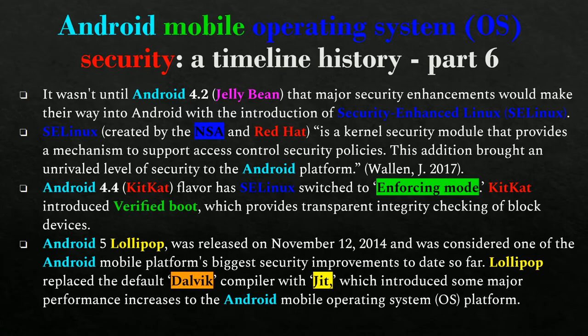The big iteration with 4.4 is they introduced enforce mode, which pretty much will block any root injections, malicious injections that can modify the way Android boots. Apple has this down pretty well.